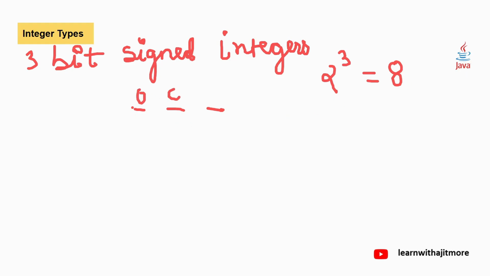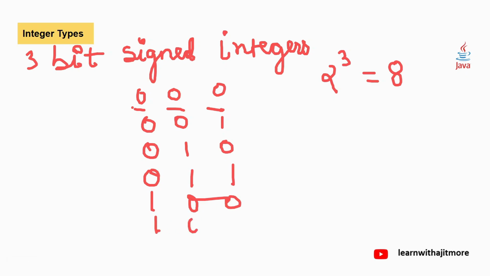I can show you all the combinations: 0 0 0, 0 0 1, 0 1 0, 0 1 1, 1 0 0, 1 0 1, 1 1 0, and 1 1 1. This way, 8 combinations are formed because there are 3 bits. In reality, we don't have 3-bit data. Data is always minimum 8-bit.